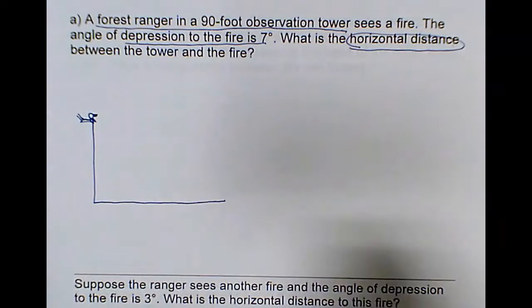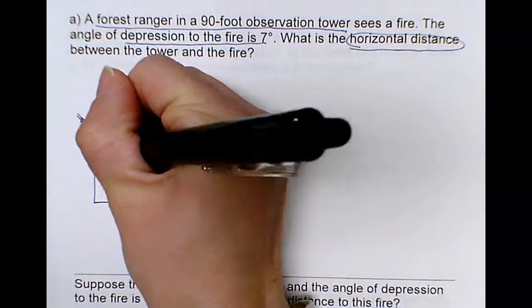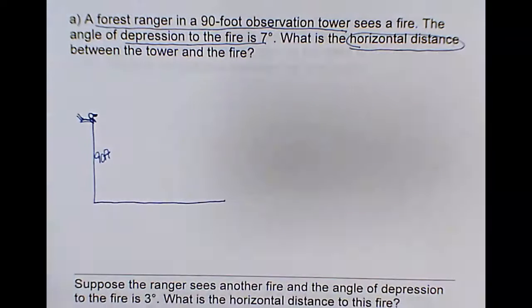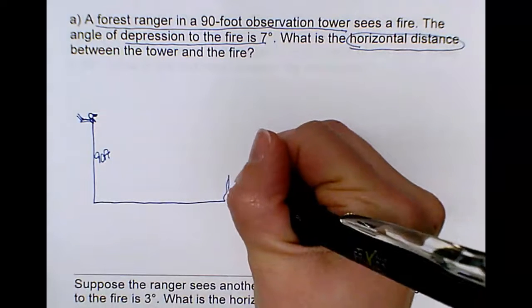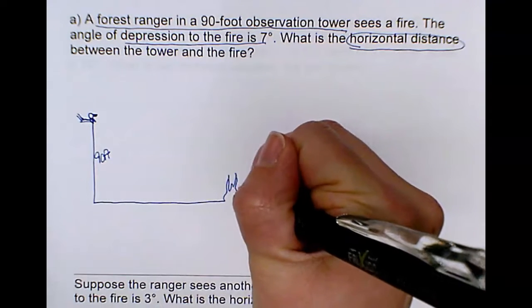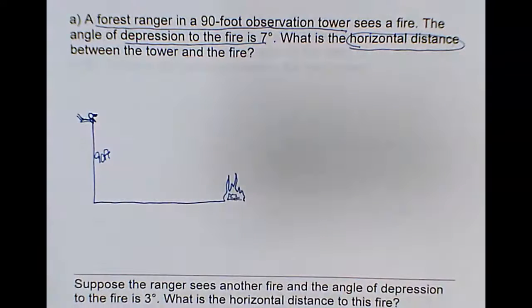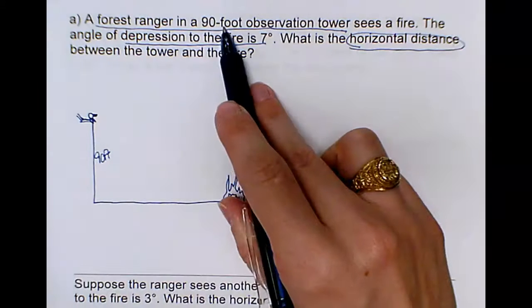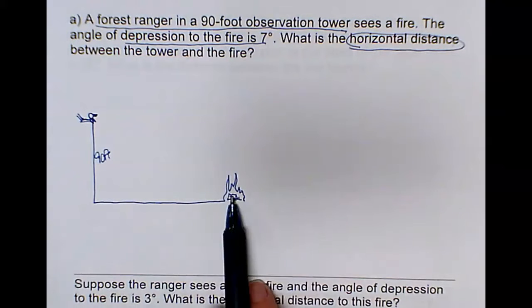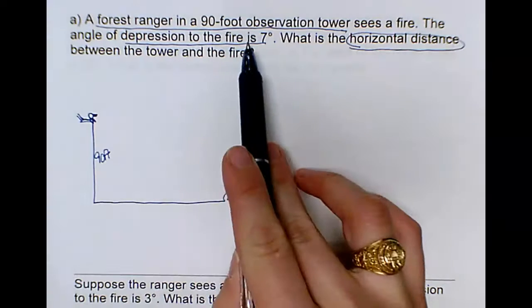And he's looking out on this 90-foot observation tower and he's looking at a fire. And the fire is all the way over here. And so I have my 90 feet for the observation tower. I have the fire at a distance, and I need to draw the angle of depression to the fire.